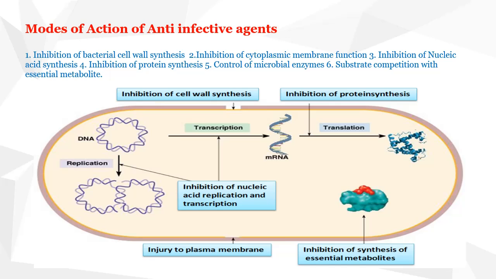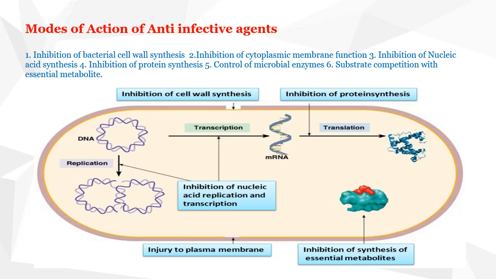So if the cell wall gets weakened, naturally there will be an outburst, the contents will come out and the cell will die. Some of the antibiotics which interfere with cell wall synthesis include penicillins, cephalosporins, cycloserine, bacitracin, and vancomycin.